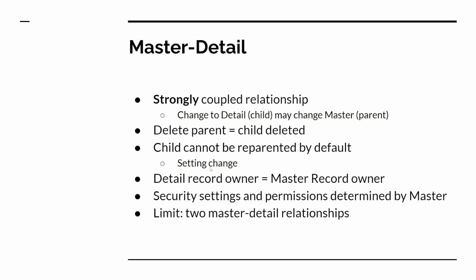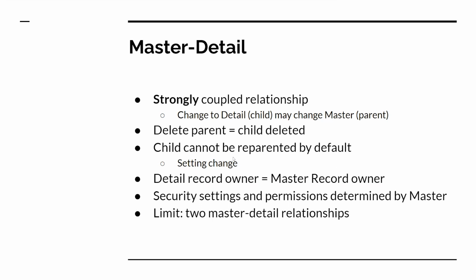And a child cannot be reparented by default. So once you create that relationship, they're bound together for life. Like marriage, no divorce, unless you change the settings, and then you can divorce it and reparent it. But you need to specifically go into the backend, into Object Manager, to change that.